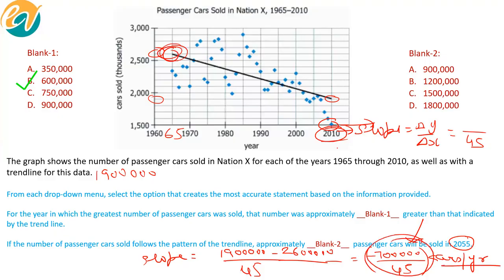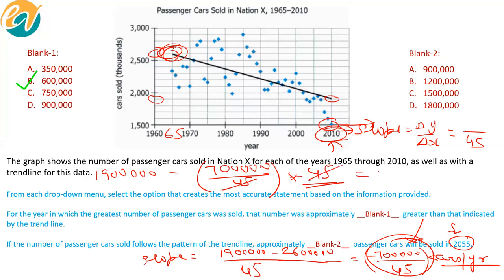So total reduction would be how much? Minus 700,000 upon 45, right? That's the rate of reduction per year. And this rate of reduction will continue for 45 years from 2010 to 2055. That's 45 years. So obviously this gets cancelled.